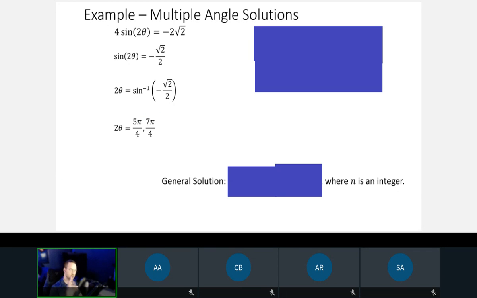So now this is the twist of this problem. Once we got 2 theta equals those two angles, we now have to do what? Take a guess. No, we don't.